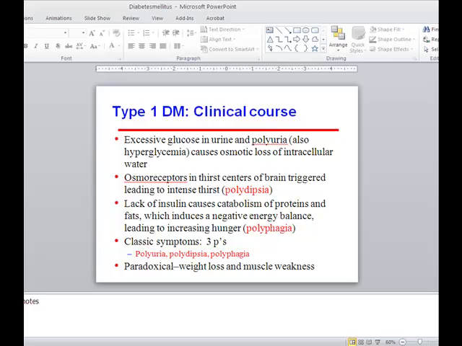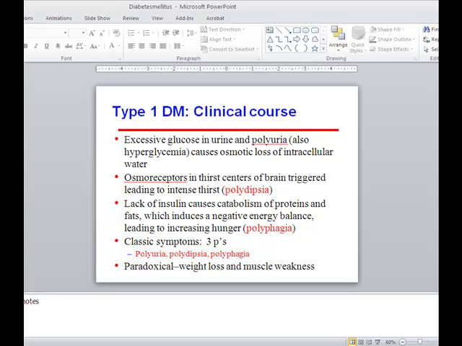So lack of insulin causes catabolism of proteins, fats, negative energy balance. Okay? So we've already gone through how it breaks down the glycogen in the body, it breaks down the protein, it breaks down the lipid. Although the blood levels increase, not enough is getting to the tissue.